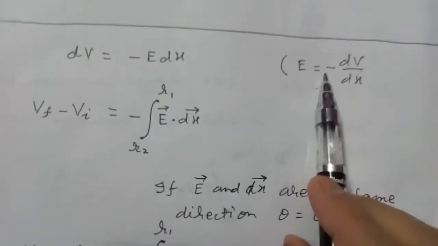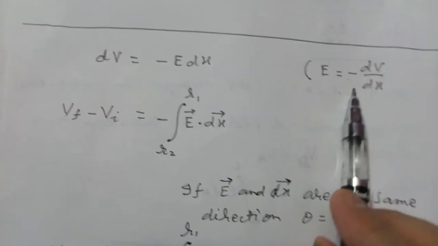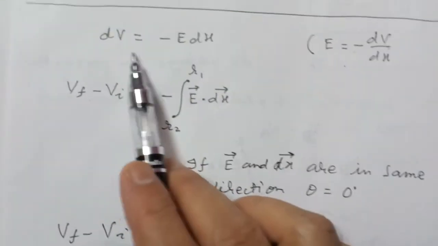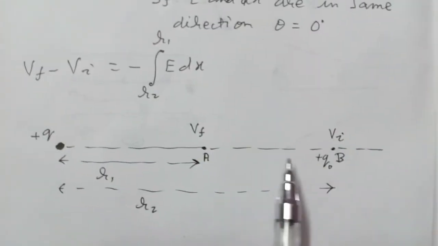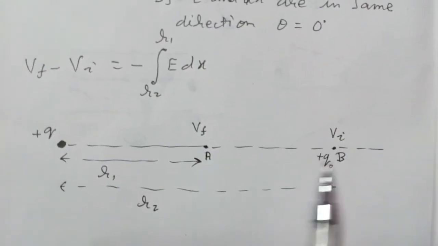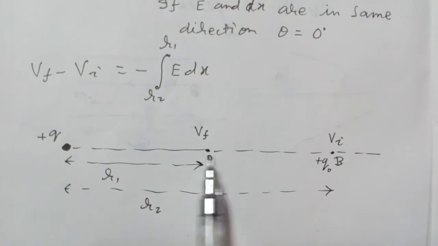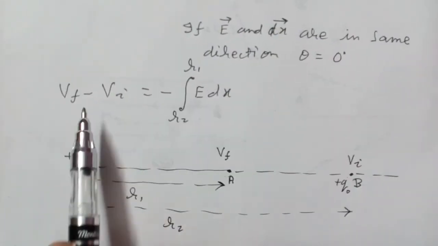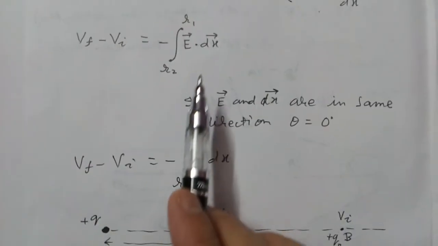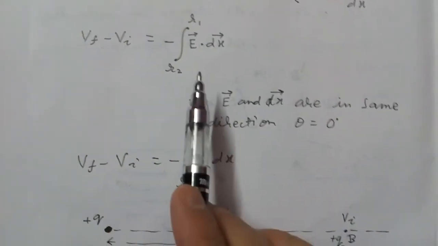As E is equal to minus dv by dx, we may write dv is equal to minus E dx. So if we want to find the potential difference between 2 points B and A, suppose Vf is the final potential and Vi is the initial potential, then Vf minus Vi will be equal to the integration of this.